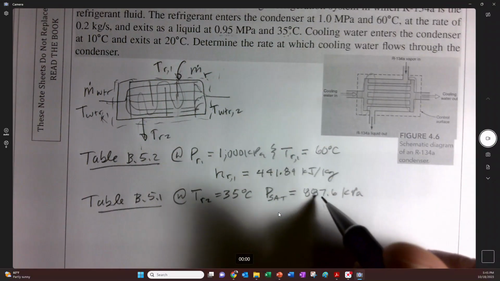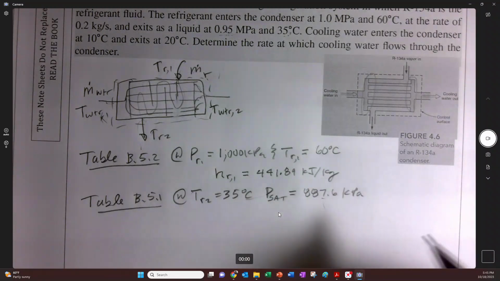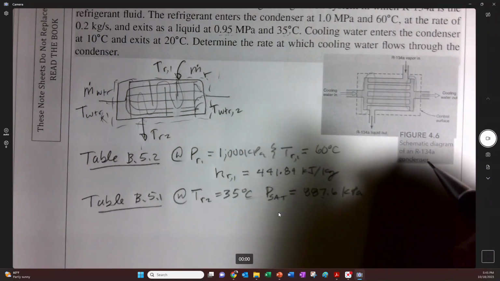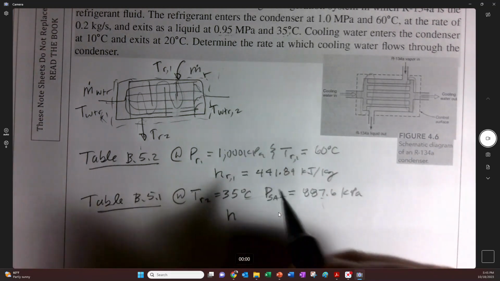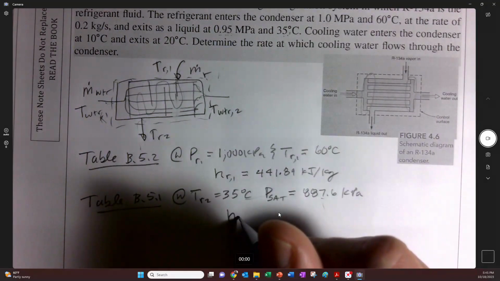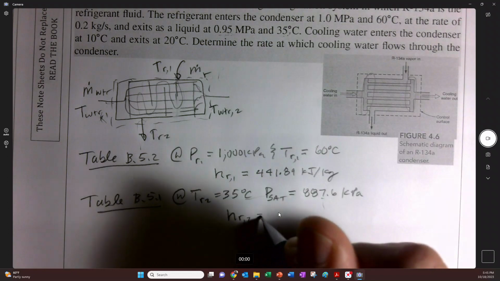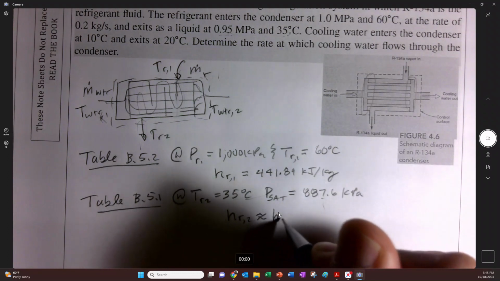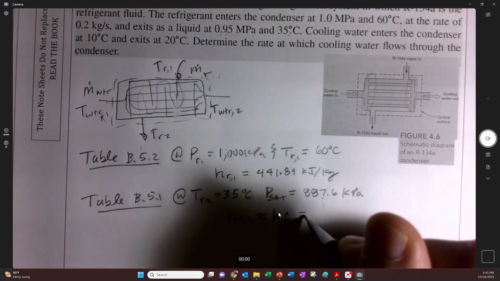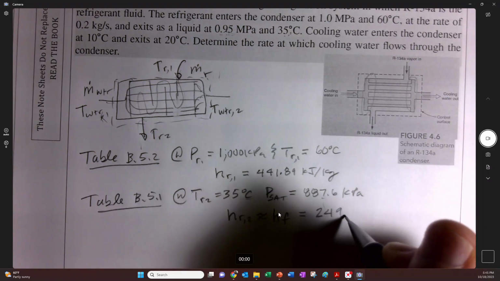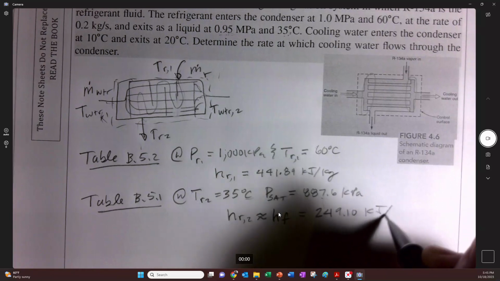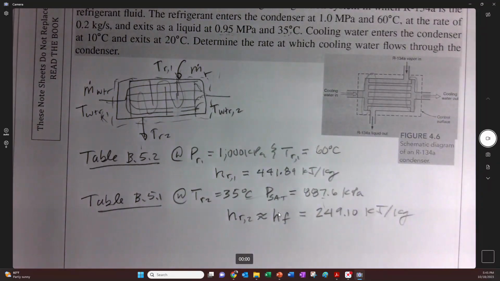So it's compressed more than saturated, therefore we could call that subcooled sometimes. So we'll say HR2 is approximately Hf at those conditions, which is 249.1 kilojoules per kilogram. All right, so it ends up being an approximation.